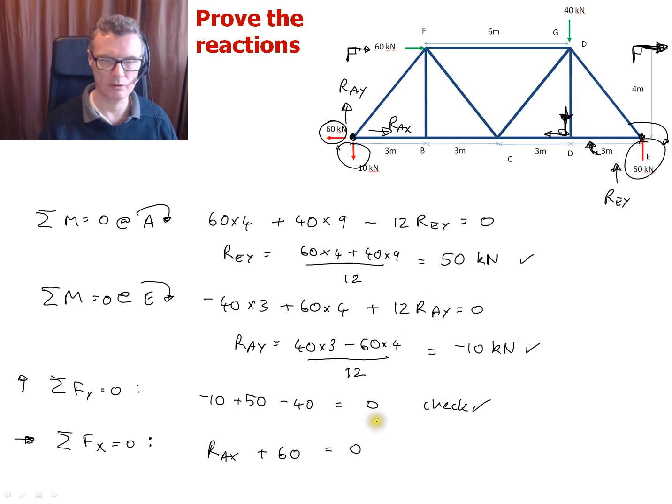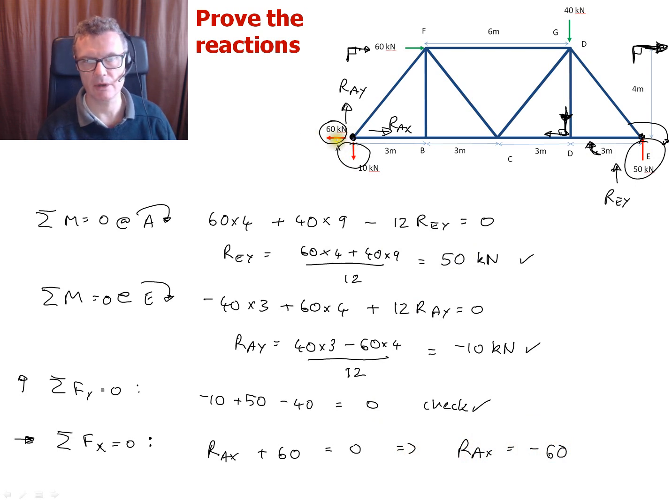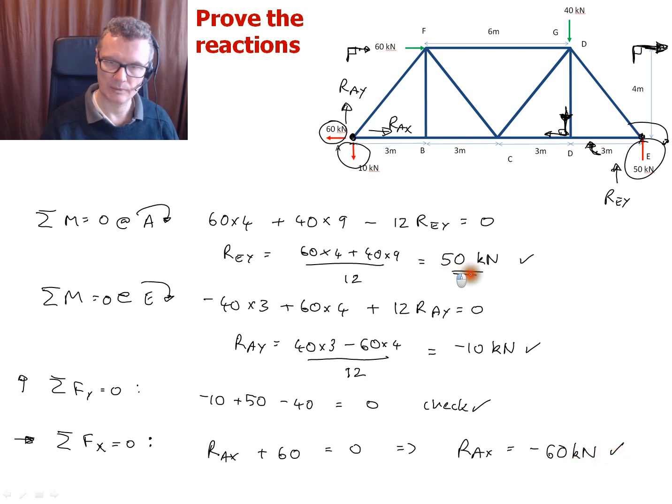Can't see any other forces going left to right. So therefore RAX equals minus 60. And again, at this hinge, we've got the force going from right to left, so it's a negative. So again, that one works.